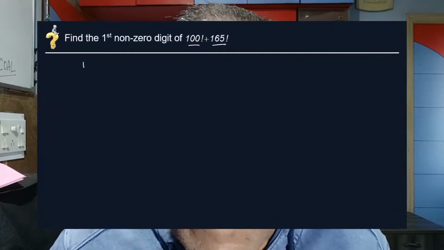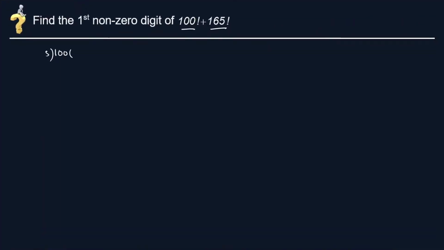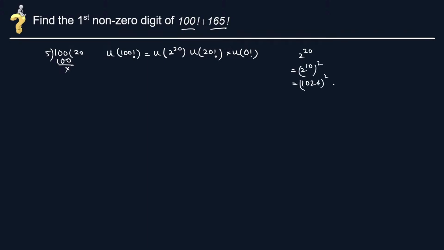Okay? So for factorial 100, I will divide it by 5. So there is no remainder. So this is basically 2 to the power 20 into factorial 20 into the first non-zero digit of factorial 0. 2 to the power 20 can be written as 2 to the power 10 whole squared, which is 1024 whole squared. So the last two digits will be 76.